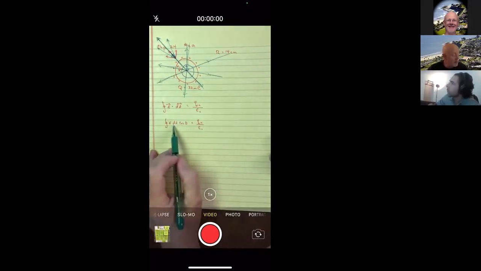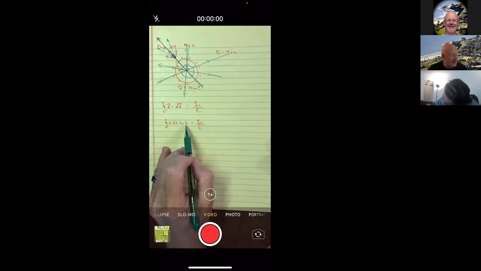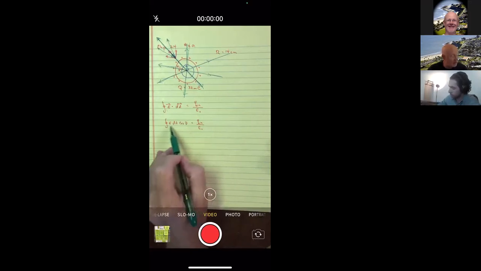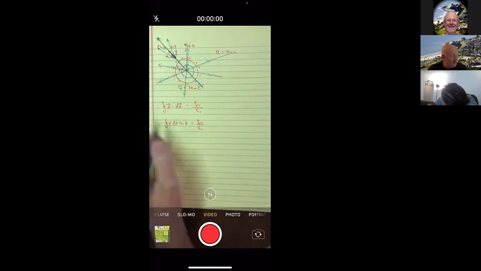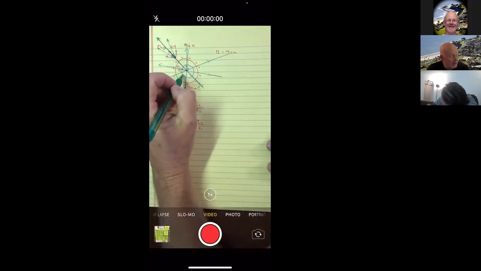Because I'm trying to solve this integral and I need the angle between the electric field and the area vector. And I just now figured out the direction of the electric field. So if I can also figure out the direction of the area vector, I can get the angle between them and actually solve this integral. And so, of course, I'm thinking about this Gaussian surface, which is a sphere.